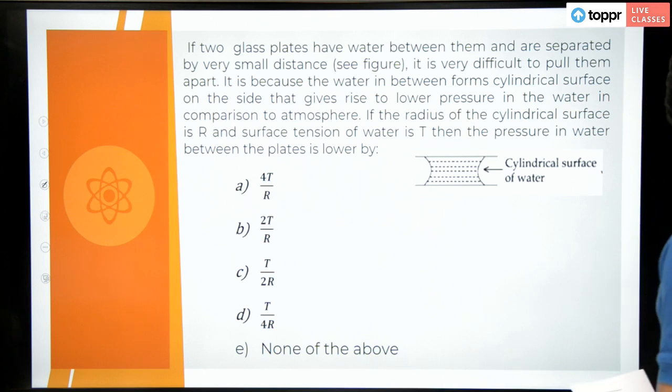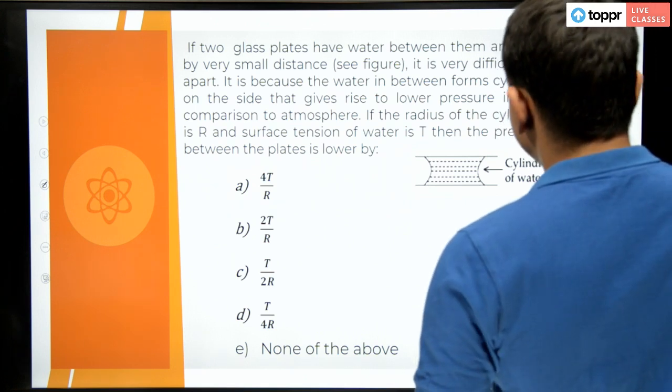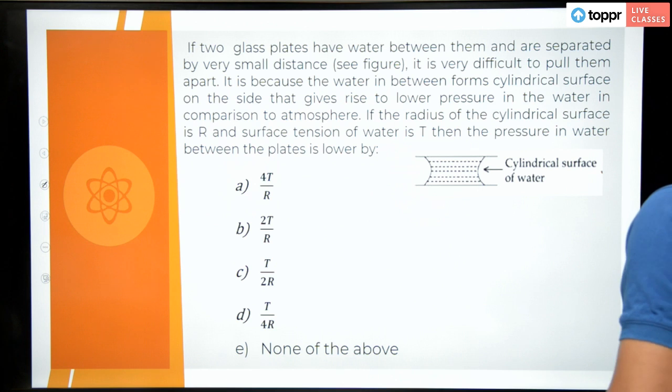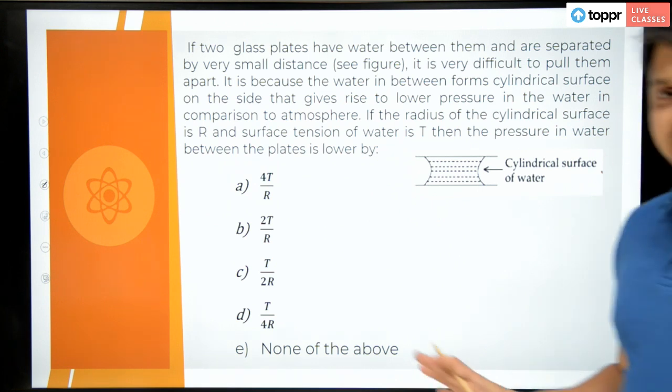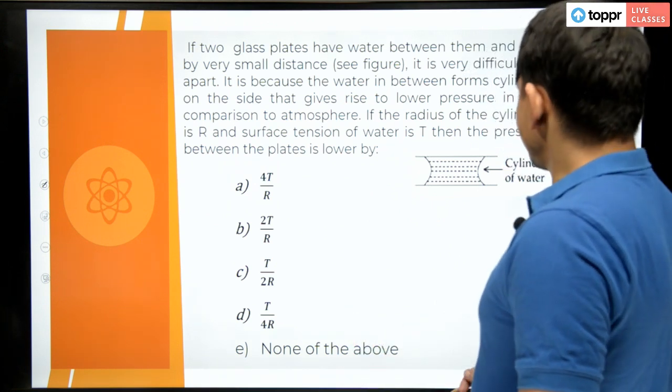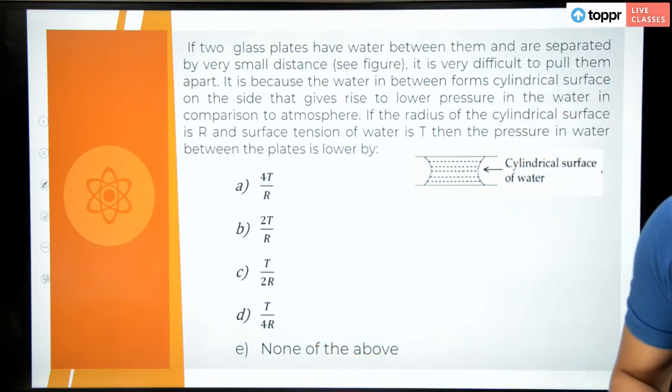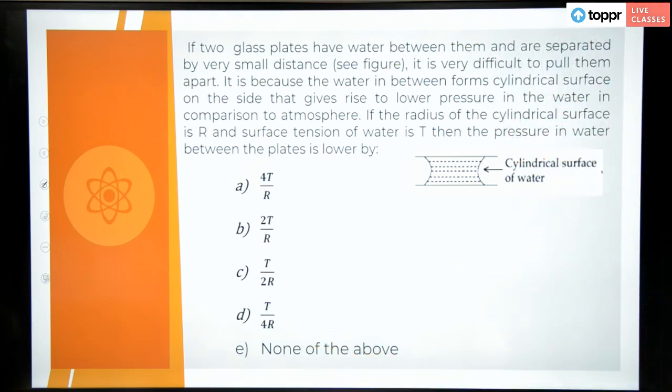Okay, so here we have something very conceptual. Let's try and read it together. If two glass plates have water between them and are separated by a very small distance, it is very difficult to pull them apart.